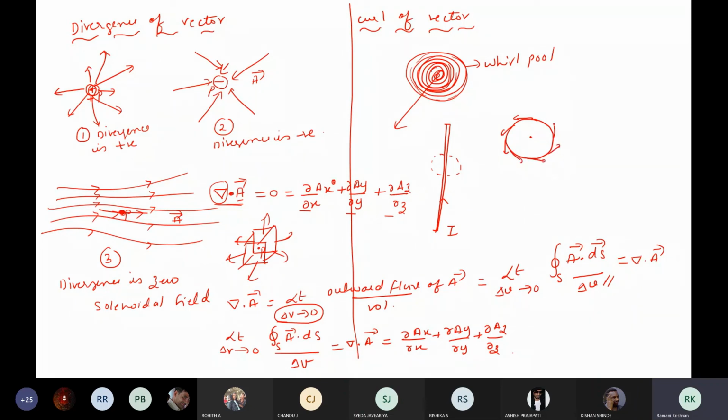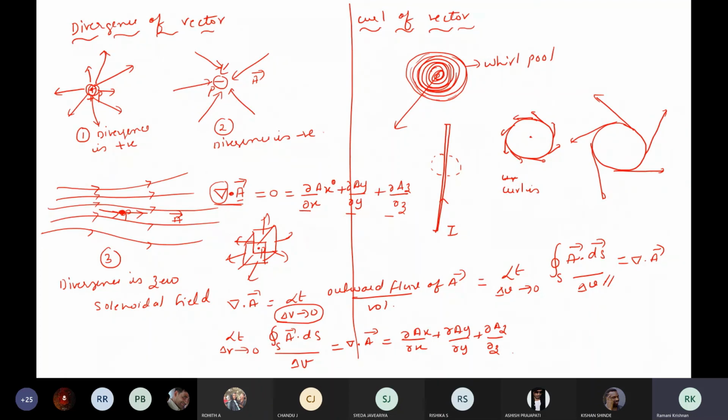If the magnitude of this tangent is small, curl is small. If the field is very strong, very vigorous, when I draw the tangent I get the tangent very big. If the magnitude of this tangent is more, I'll say the curl is large, vigorous.